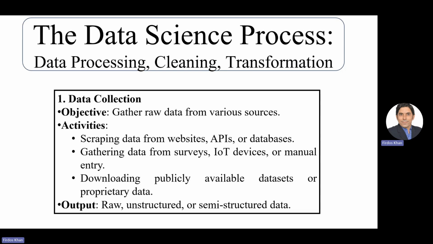You can do manual entry as well. You can collect data from various sources, downloading publicly available data sets or proprietary data. We have discussed this already, and the output can be raw, unstructured, semi-structured data.